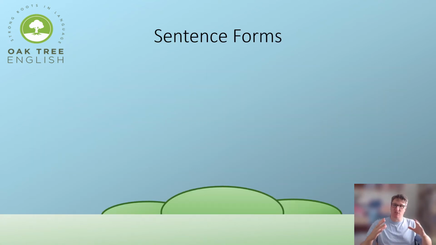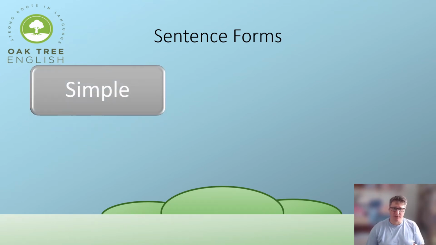Sentence demarcation is where you show that you have split up thoughts into sentences. A sentence should be something with a subject, a verb, and a complete thought. That is the dictionary definition of a sentence. That is, of course, a simple sentence.